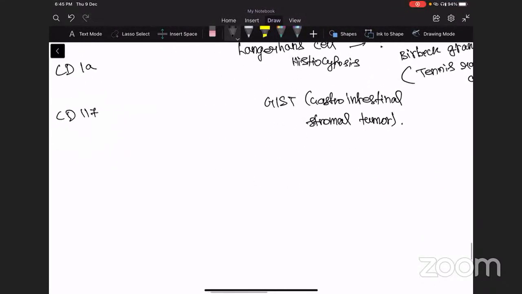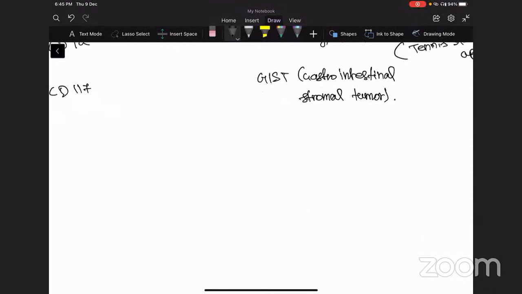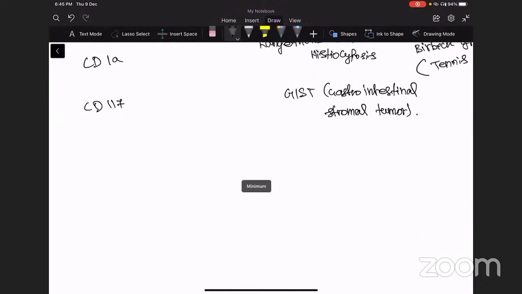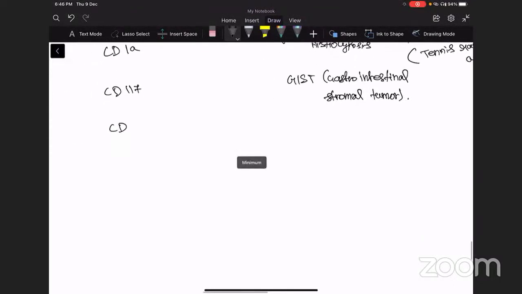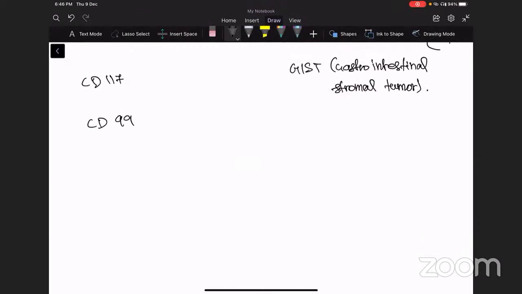CD117, GIST, gastrointestinal stromal tumor. Correct, Ashley Simon, tennis racket appearance. CD99, Ewing's sarcoma.